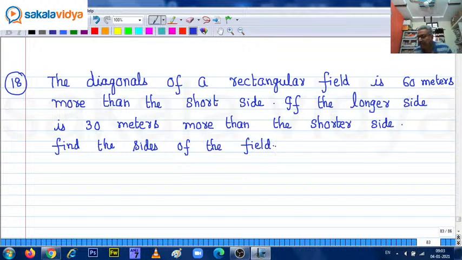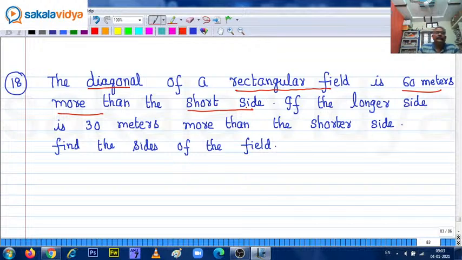This question becomes actually a case study based question also in CBSE. See, it's a rectangular field. That means the field is in the shape of a rectangle. So here not diagonals, diagonal. The diagonal of a rectangular field is 60 meters more than the short side.